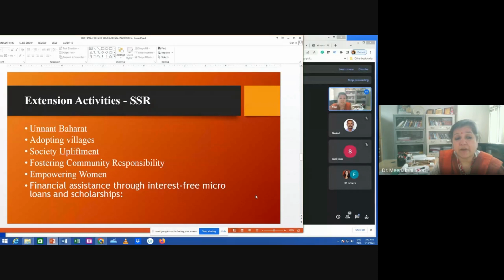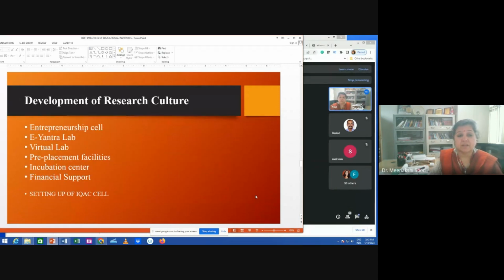That is covered as part of Unnat Bharat. Similarly, adopting villages, society upliftment, fostering community responsibility, empowerment of women. Then some colleges have good scholarships for students who are economically weak. Along with that scholarship we can give some interest free financial assistance or loans to the students, right?